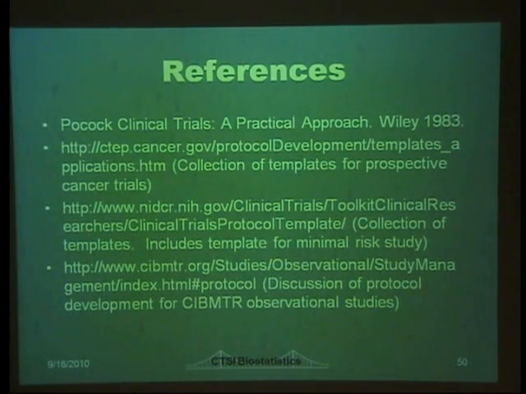So it's a good place to go and get a detailed outline. And then if you just want to see how we do it in CIBMTR, we have a website that discusses how we write simple protocols for the registry.